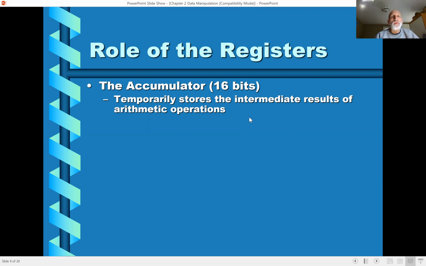Then we need to store that result somewhere. It has to go somewhere within the CPU because it may be used again. So the 12 might be stored in this register called the accumulator. The accumulator simply holds on to results of arithmetic temporarily before they're used for something else.